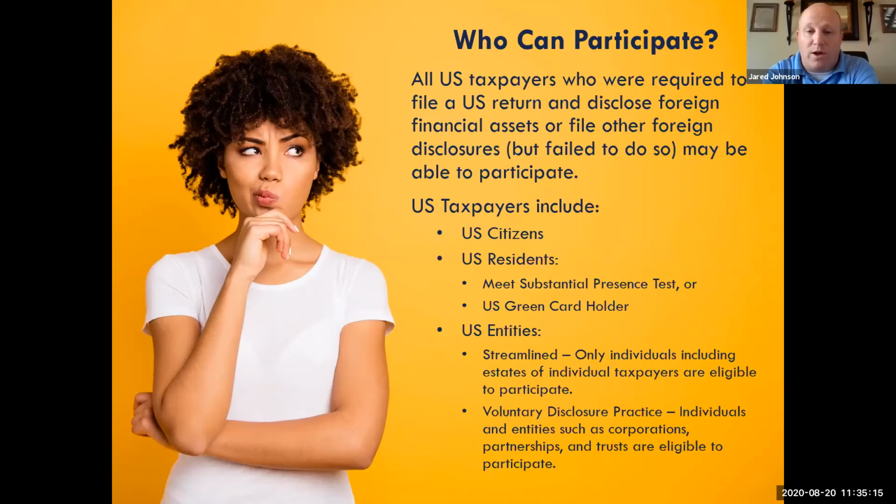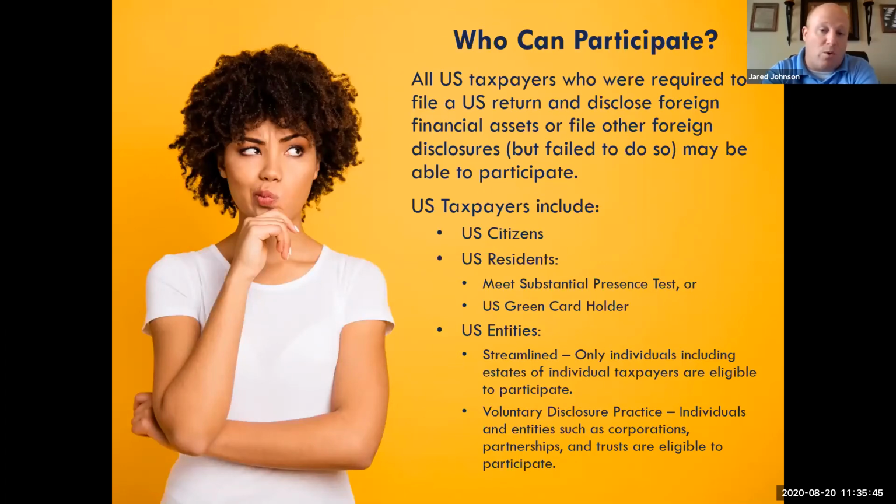Under the IRS code, a U.S. person is a U.S. citizen or a U.S. resident. And to be a resident, you either meet the substantial presence test or you're a U.S. green card holder. So my first questions to people are: are you a citizen, or are you a green card holder?